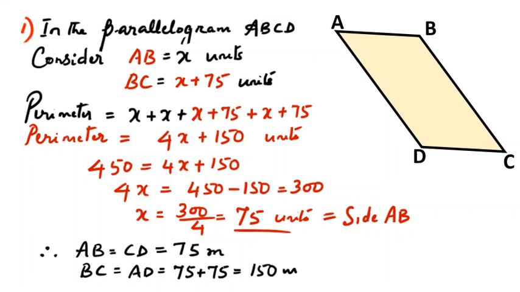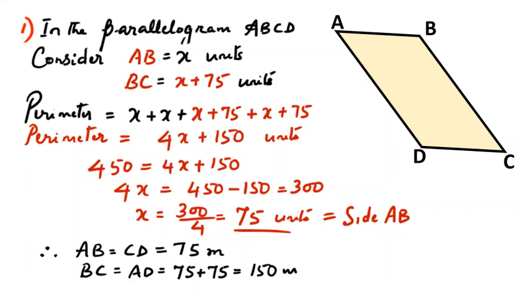BC and AD are same, x plus 75 plus x plus 75. So now when I add like this, I am getting 4x plus 150. 75 two times it comes, so 150. Perimeter is 4x plus 150.